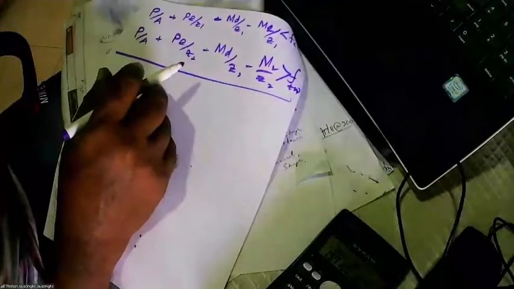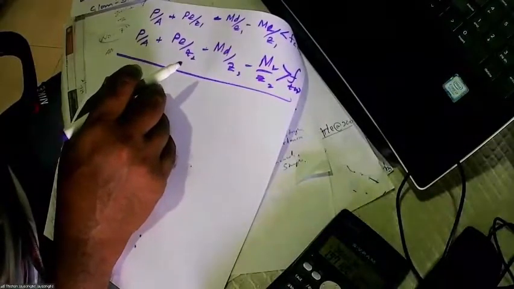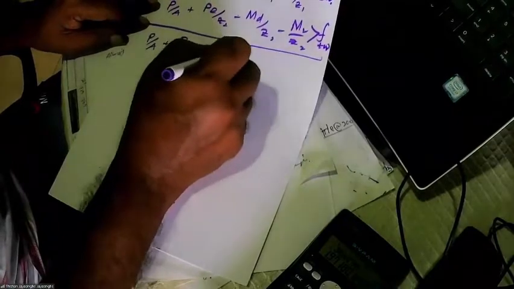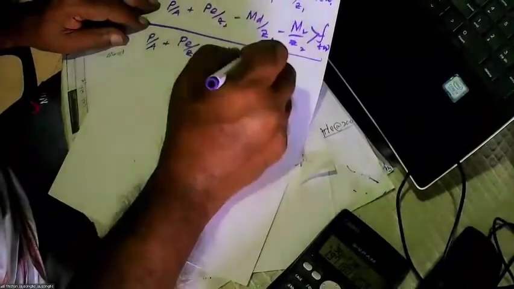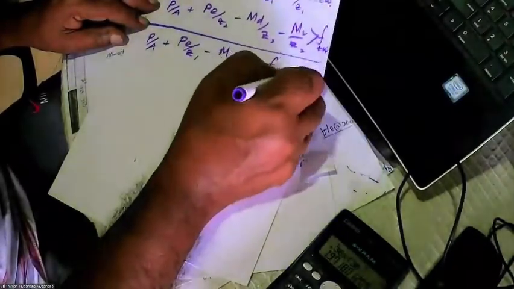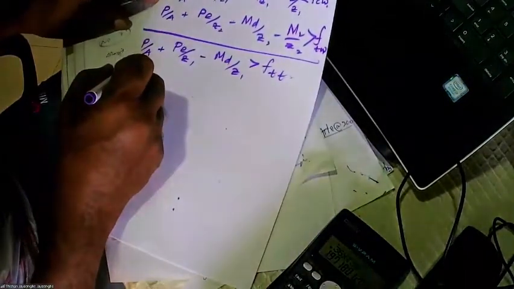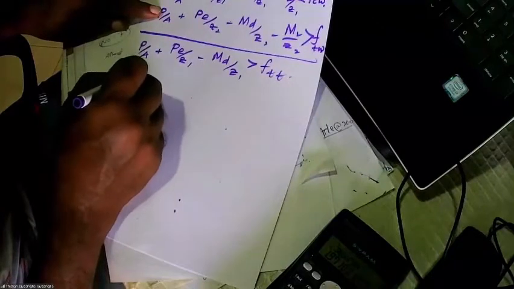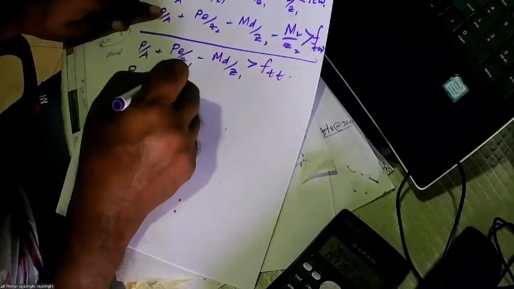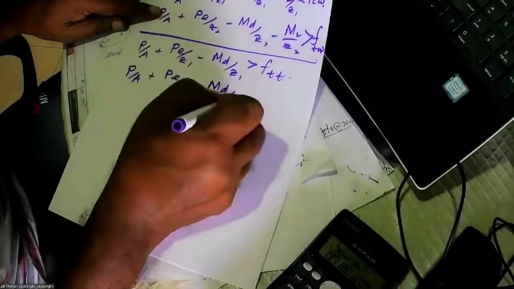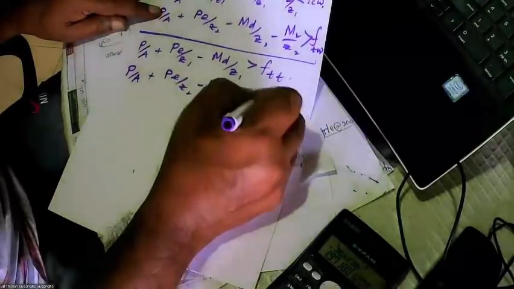If I write the 4 equations again, the equations will be like P over A plus PE over Z1 minus MD over Z1 should be greater than FTT. And I also get P over A plus PE over Z2 minus MD over Z2 to be less than FCT.